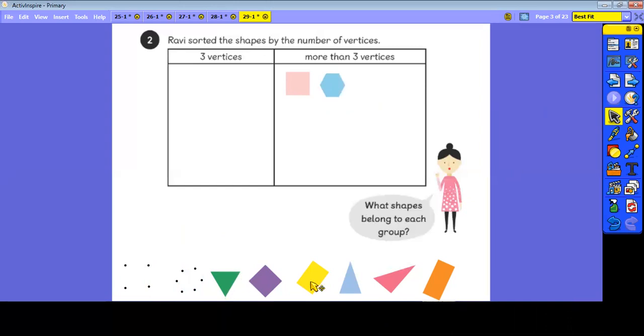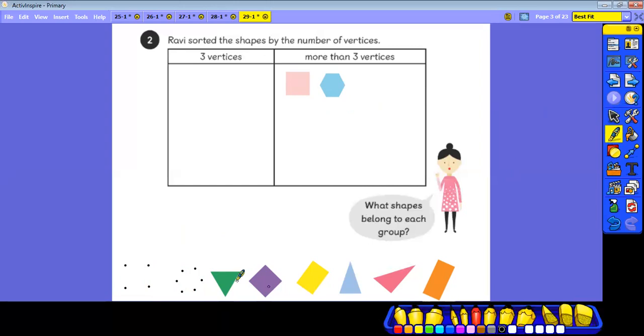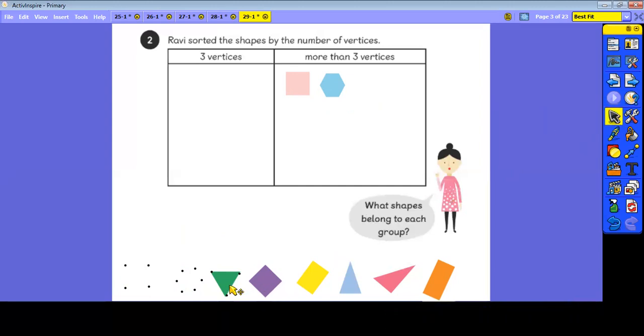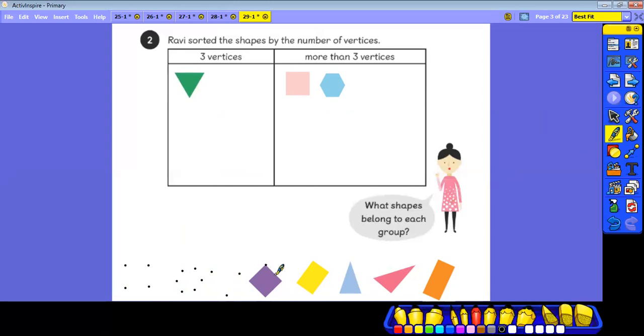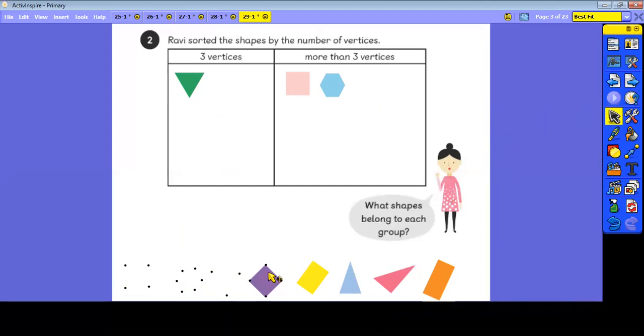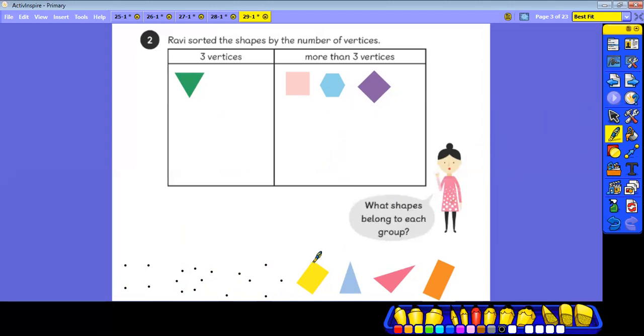Can you count the vertices with me? 1, 2, 3. So this one is the first one to go into this box. And so we keep going. 1, 2, 3, 4. Didn't quite press hard enough, did I? So that goes here.